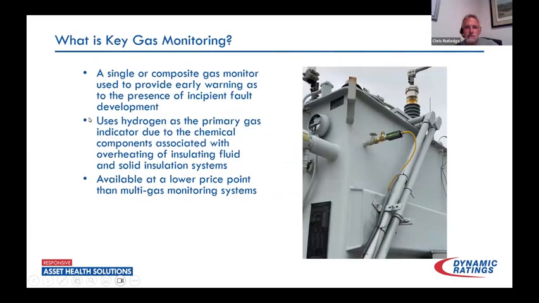So, what is key gas monitoring? And we kind of talked about this. Singular composite, basically using hydrogen as a primary gas indicator. And that's largely due to the fact that when mineral oil or transformer oil tends to break down, that hydrocarbon chain is broken up, and we tend to generate hydrogen first.